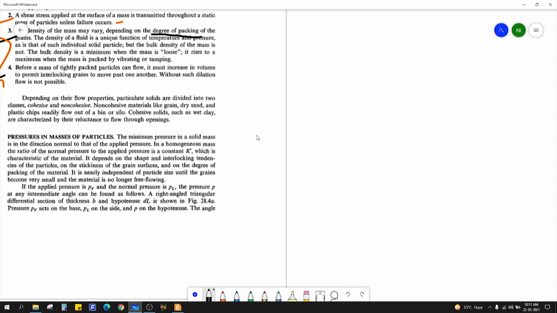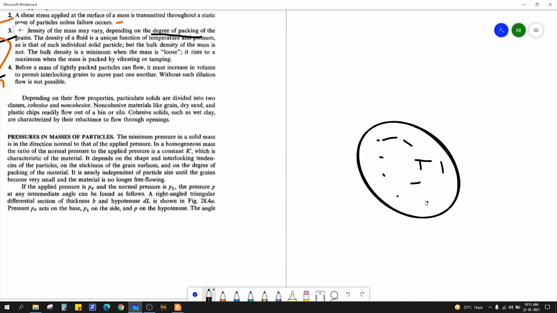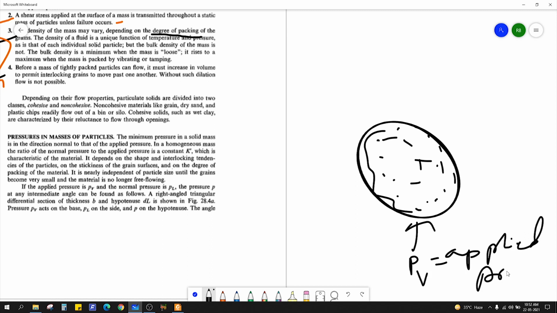Okay, so we have a mass of particles here. Suppose this is a bulk of particles. If I apply a pressure P, from now on I will say PV. PV means applied pressure. I told you the pressure will be different in all directions and it will be minimum in this 90-degree direction.